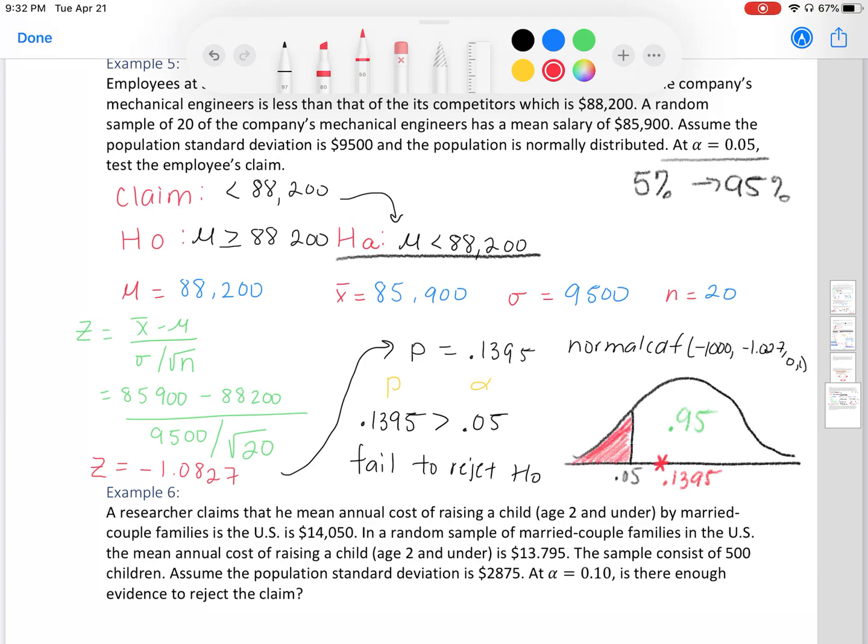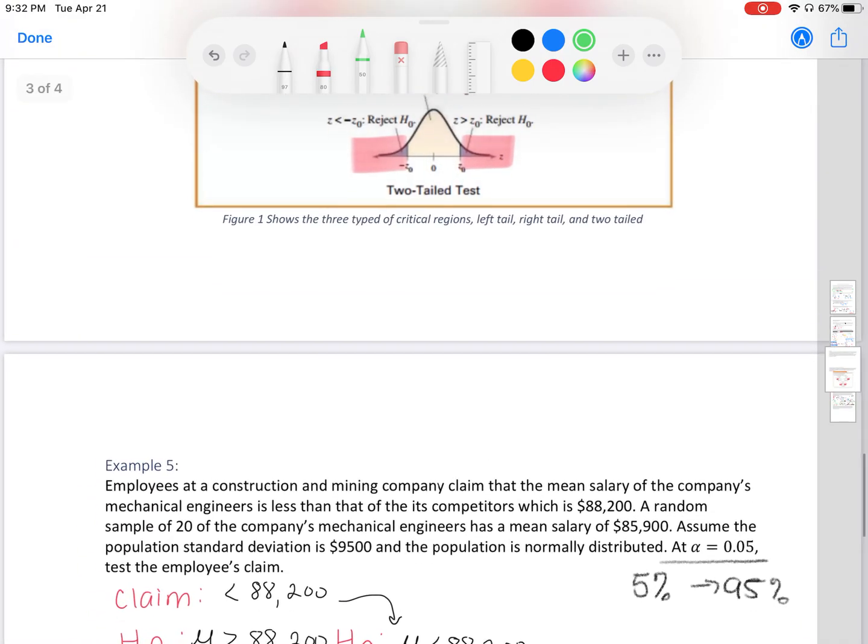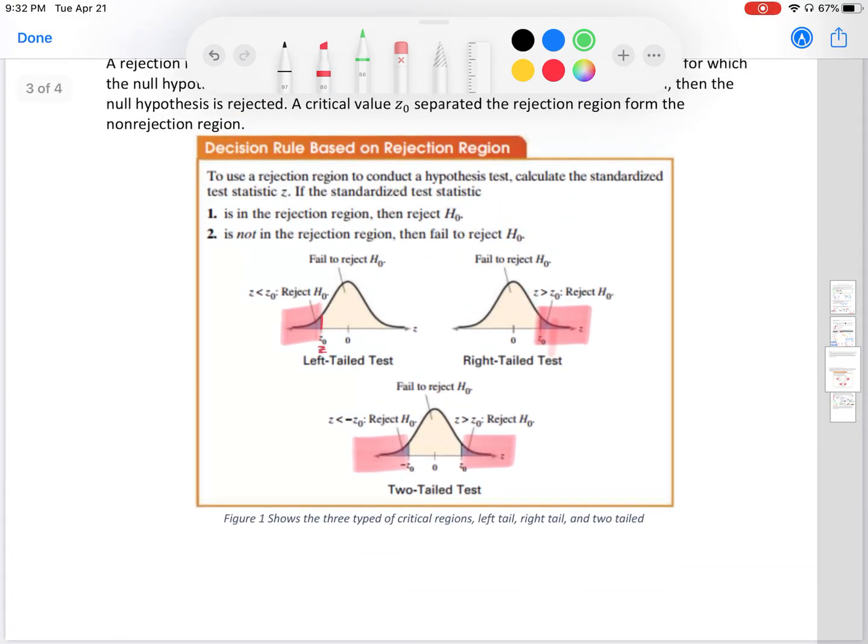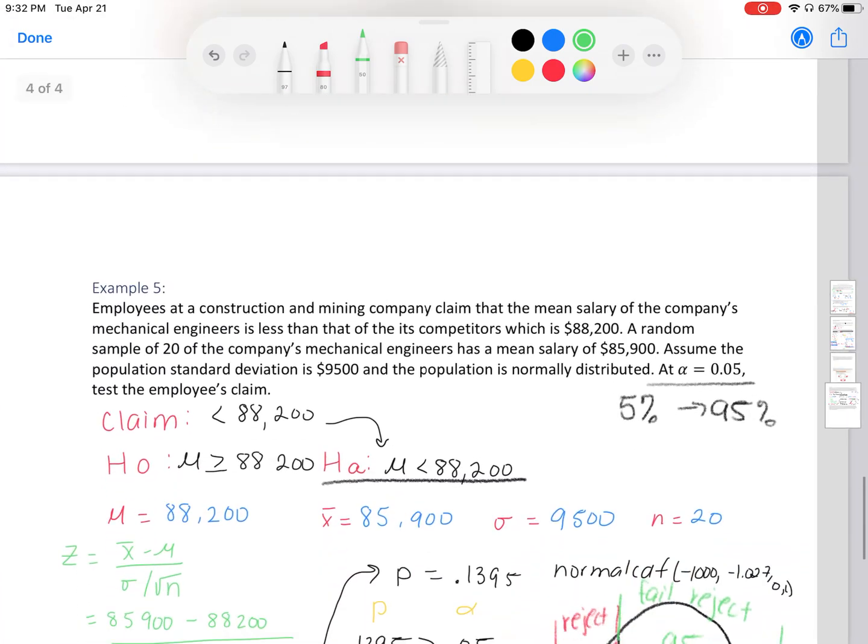That would be trouble. Then we would reject. This is our reject area. And anything bigger than that, we would fail to reject.